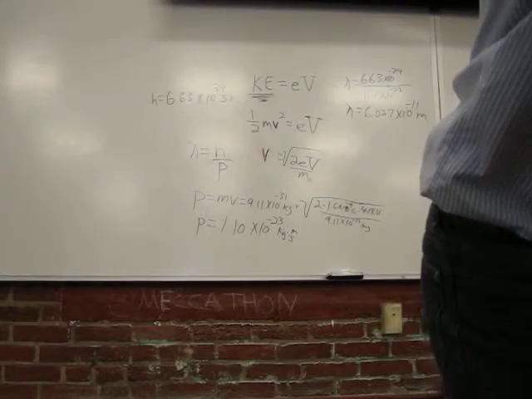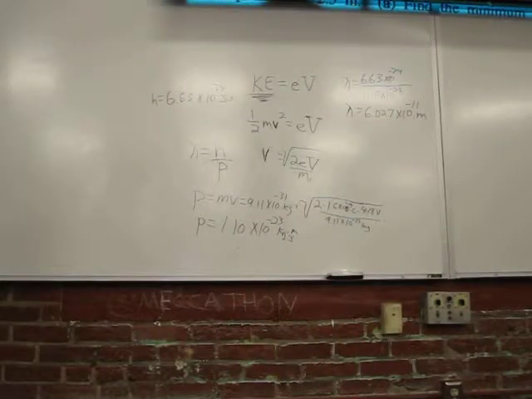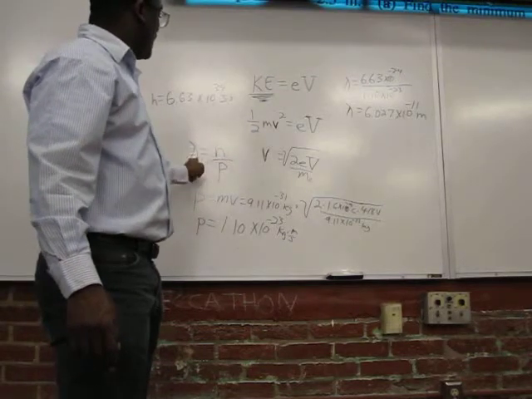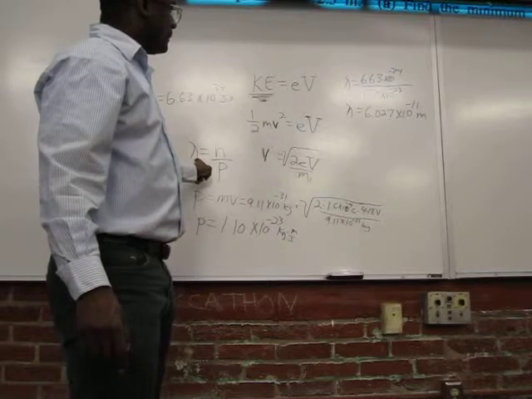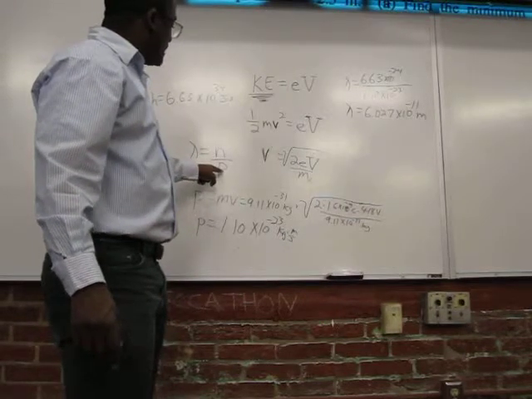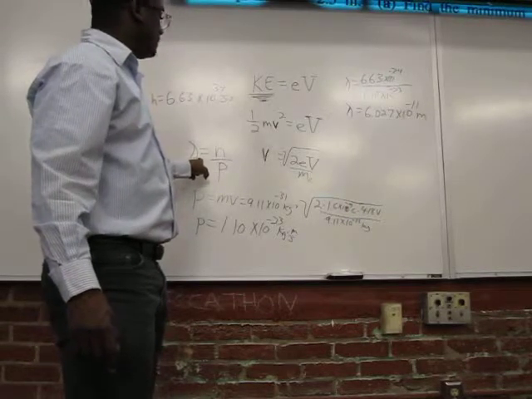It takes a while, but that's all that a problem involves: finding momentum and using this equation, which involves Planck's constant, to find the de Broglie wavelength, which is the wavelength of this particle at this momentum if it were a wave.